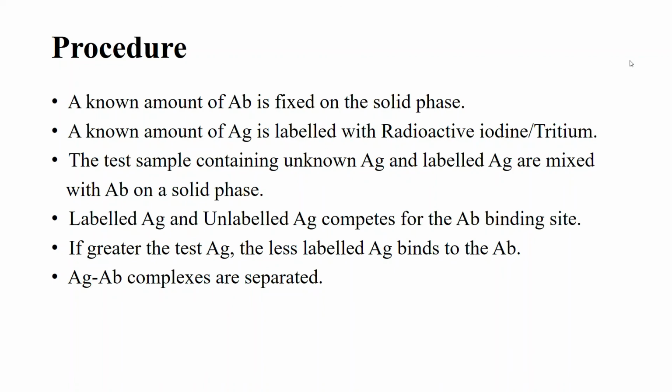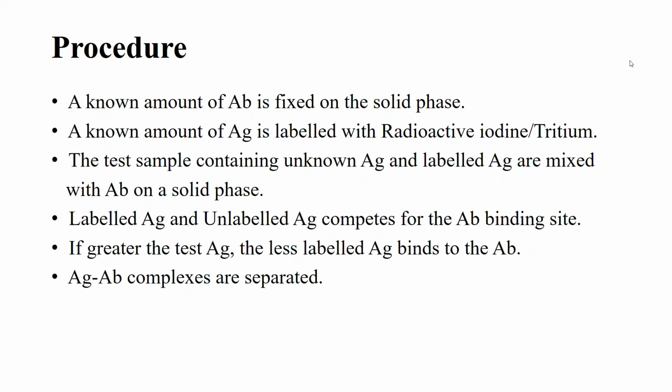The greater the test antigens bind to the antibody, the lesser the labeled antigen will bind to the same antibody. These antigen and antibody complexes get separated by the double antibody technique because it combines with polyethylene.